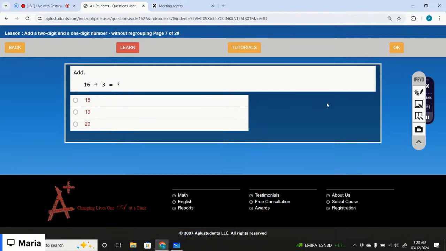That is 16 plus 3 equals. That is 19. 16 plus 3 makes 19.